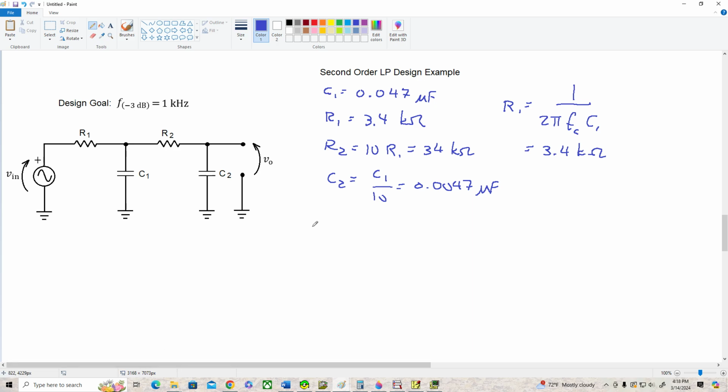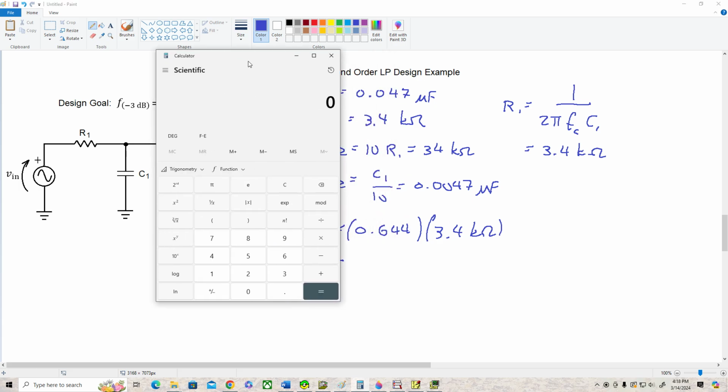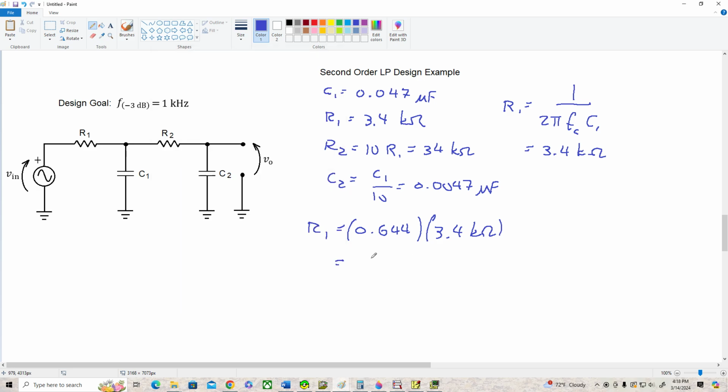So the actual R1 value is equal to 0.644 times 3.4 k ohms. And what does that give us? Let's see. 0.644 times 3400 is about 2.2 k ohms. All right, so that's about 2.2 k ohms.